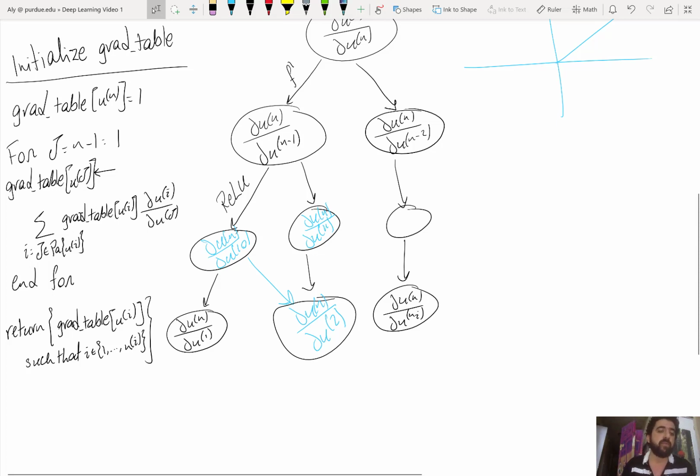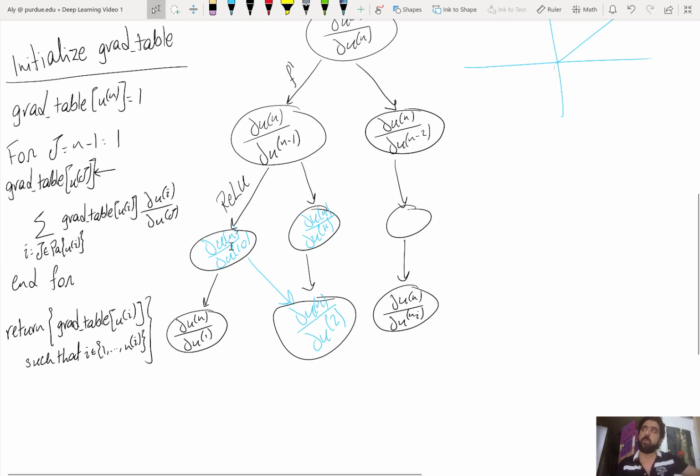And then I find the value of the grad table of these ui. So here this is partial un, partial u10. That's the value of the grad table of u10 times partial ui, partial uj, which is partial u10, partial u2. So imagine every edge, including the nonlinear activation such as the ReLU, has the value of the immediate partial derivative between the child and the parent corresponding to that edge in the forward propagation graph.